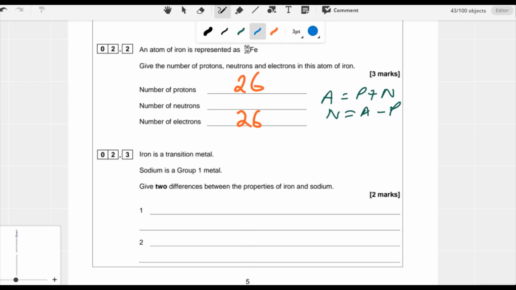Here the number of protons is 26 while the mass number is 56. So when we subtract, the answer will be 30. So it means the number of neutrons is 30.